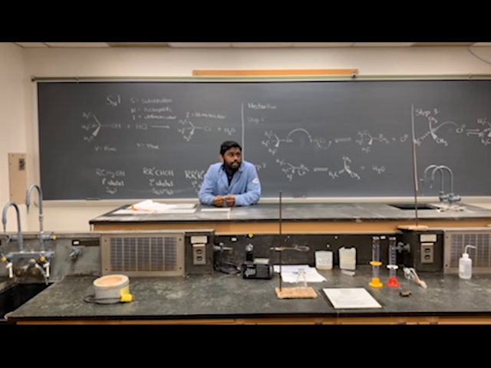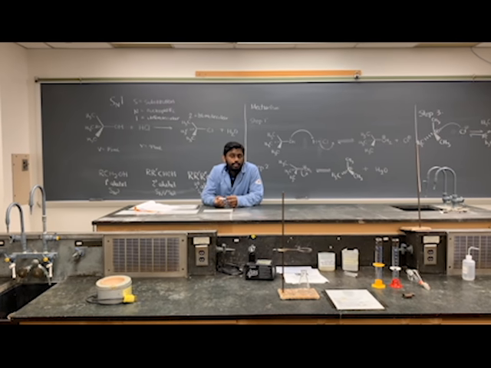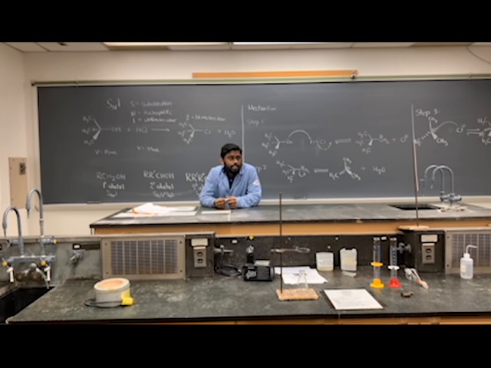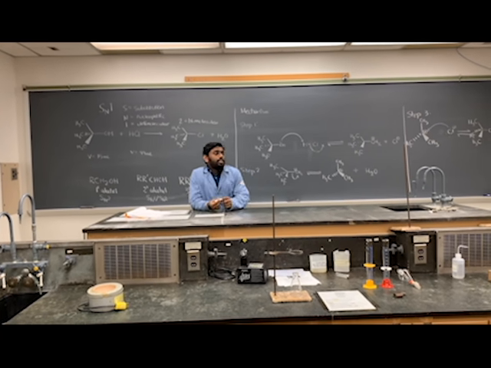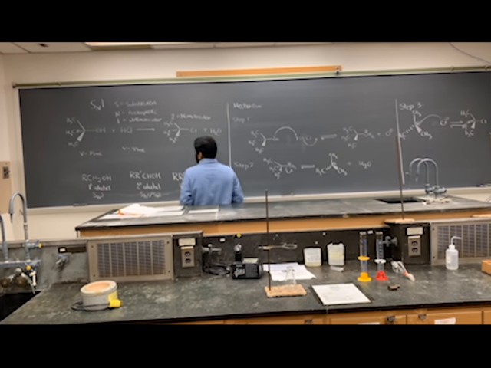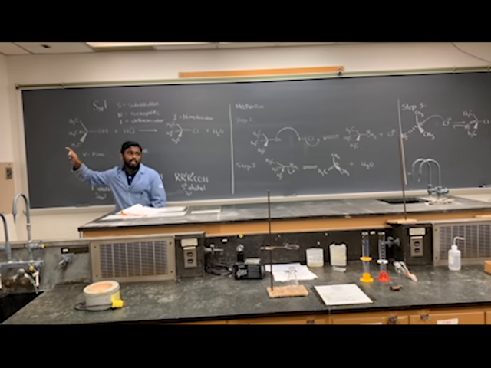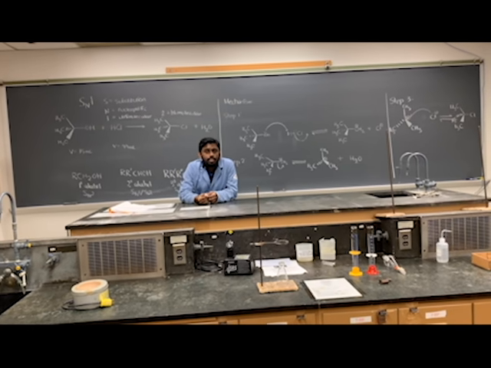but we are dealing with HCl, and we need to be careful when handling HCl. HCl is highly corrosive and it is dangerous, so we shouldn't be breathing it. And the thing to note is the T-butyl alcohol, our starting material for the reaction, tends to be a solid at room temperature.